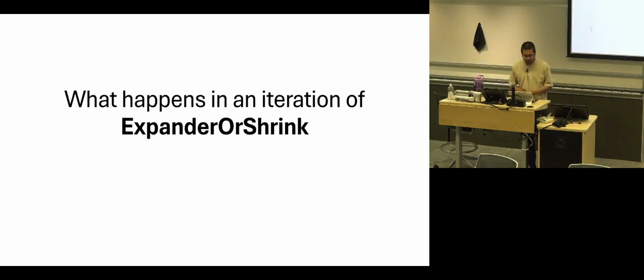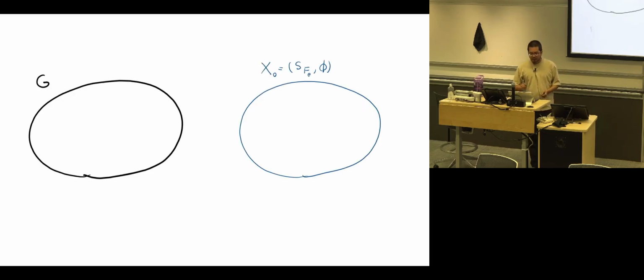So let's see the algorithm. There will be iterations. Basically, each iteration simulates one round of the cut matching game. So first of all, there is our graph. This is our input graph.